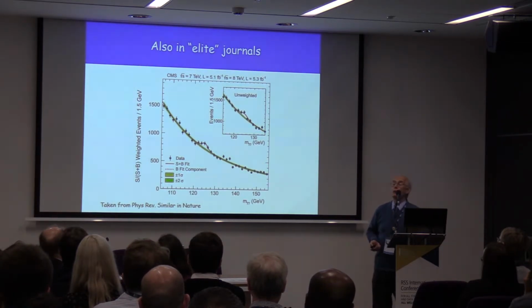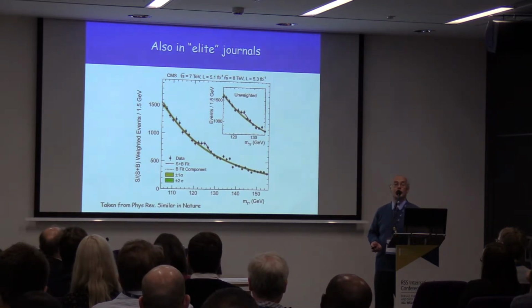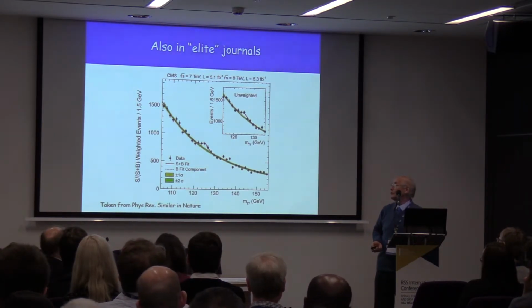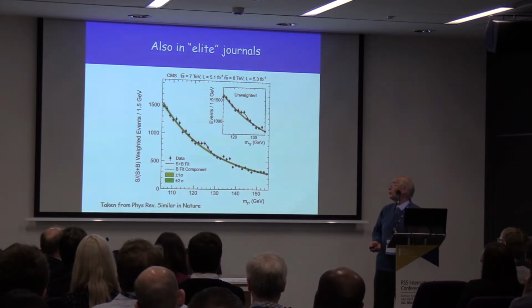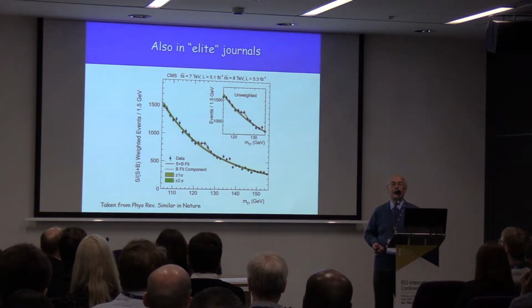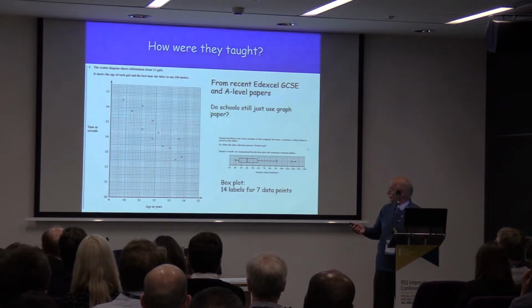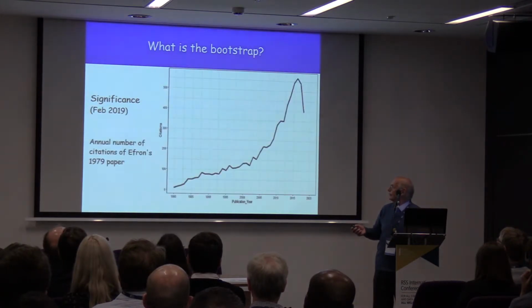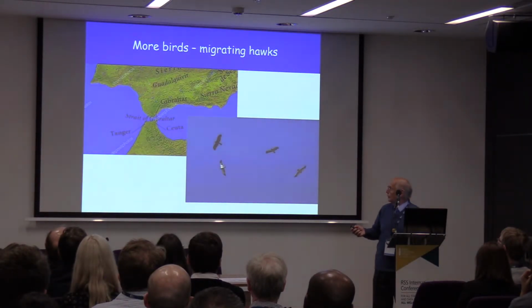This is another graph which went around the world and appeared in several journals. I first saw it in Nature, but this version comes from Physical Review. This is the graph that demonstrates that the Higgs boson exists.